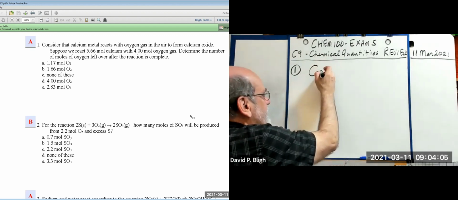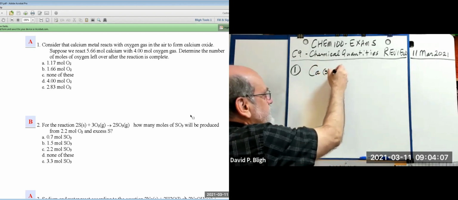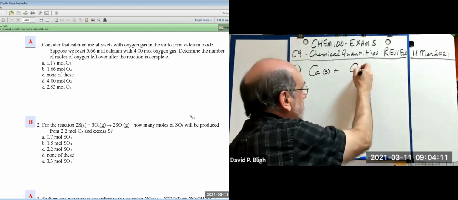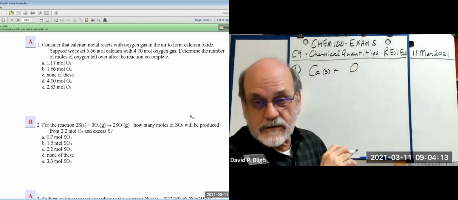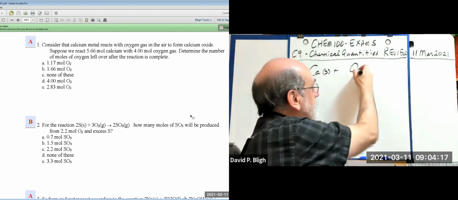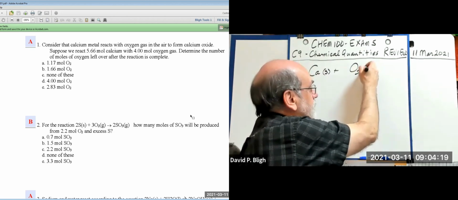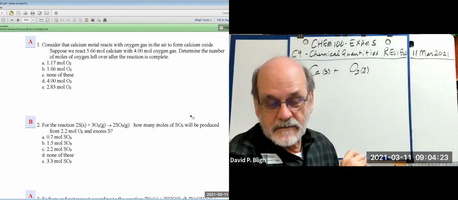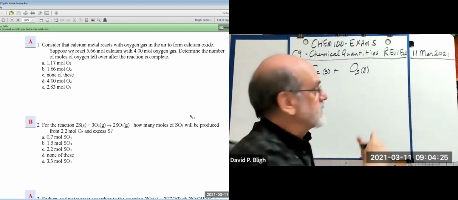Right. Calcium, a solid, reacts with oxygen. Now, if you don't remember that oxygen is diatomic, then you're dead in the water. It's a diatomic gas, and the problem says it forms calcium oxide.